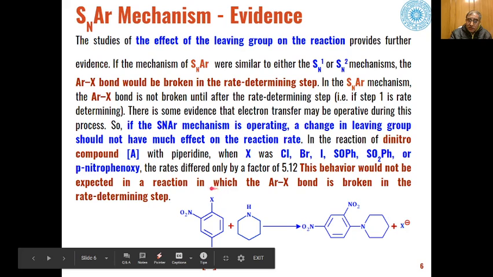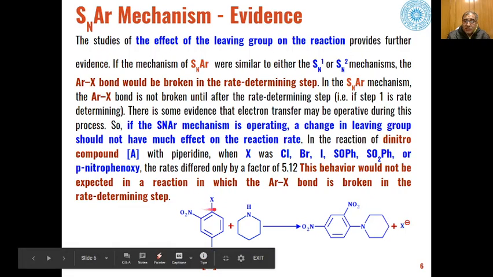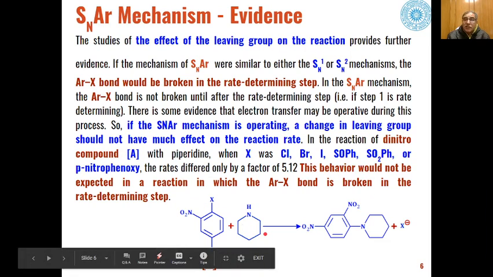For example, if we have this type of substrate, substituted by nitro groups at the ortho and para positions, then we change this X from, say, chlorine, bromine, iodine, SOPh or SO2Ph, or para-nitrophenoxy, and then we determine the rate of reaction for these SNAr reactions.